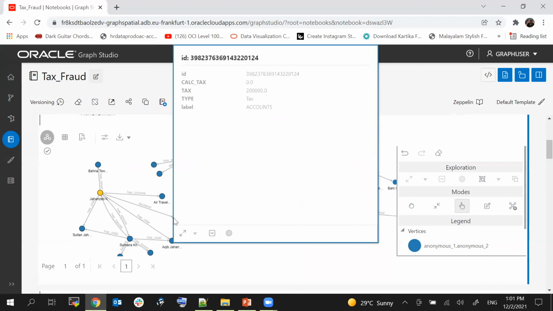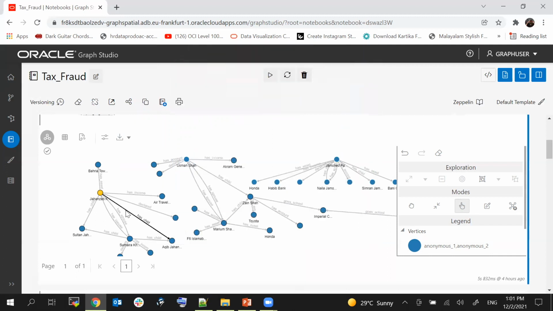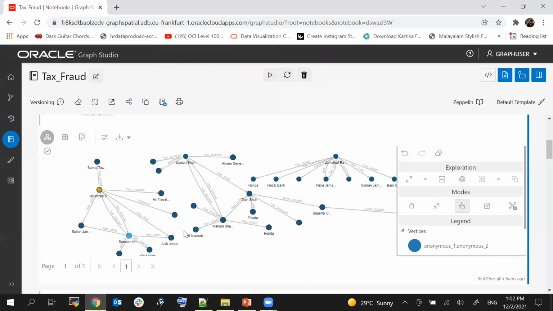He has paid around 200,000. The other additional information is that he has a child, and he has a spouse. So the spouse is bi-directional in nature. So Jahansep's spouse is Sumaira, and Sumaira's spouse is Jahansep. They have a child here, and they both have a child together. So here also they both have a child together.